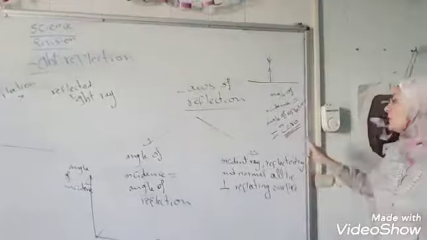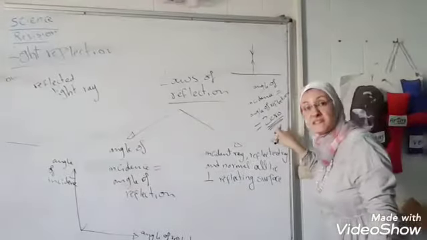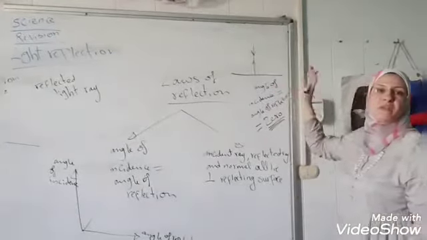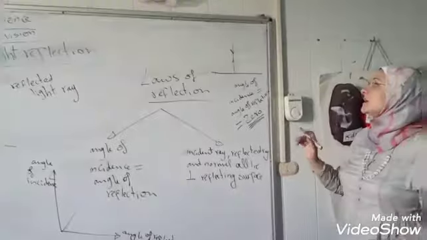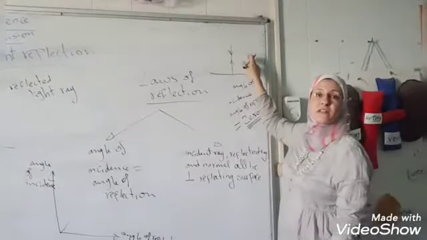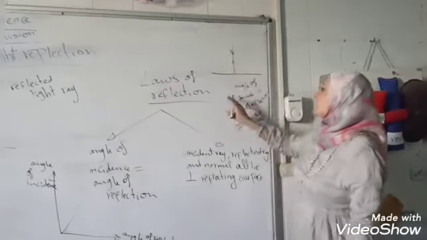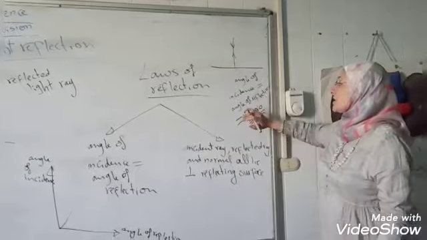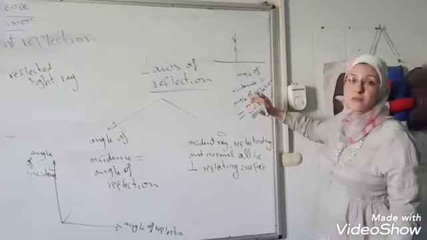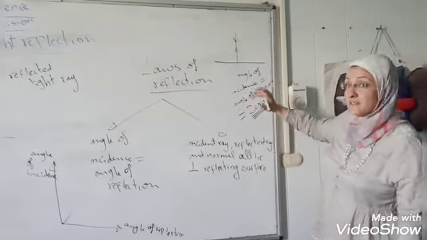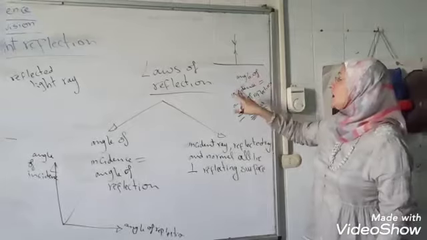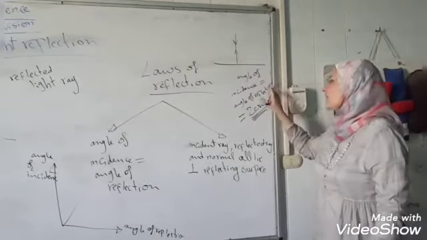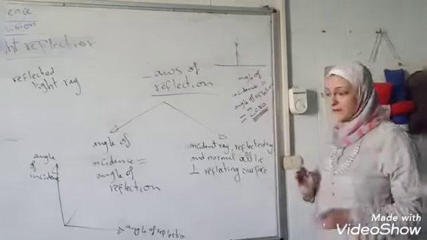Take care: if you forget this 0, the answer will be wrong. So give the reason: the incident light ray is reflected on itself when it falls perpendicular, because the angle of incidence equals the angle of reflection equals 0. Otherwise, the answer will not be counted. So we need to say the angle of incidence equals the angle of reflection equals 0.